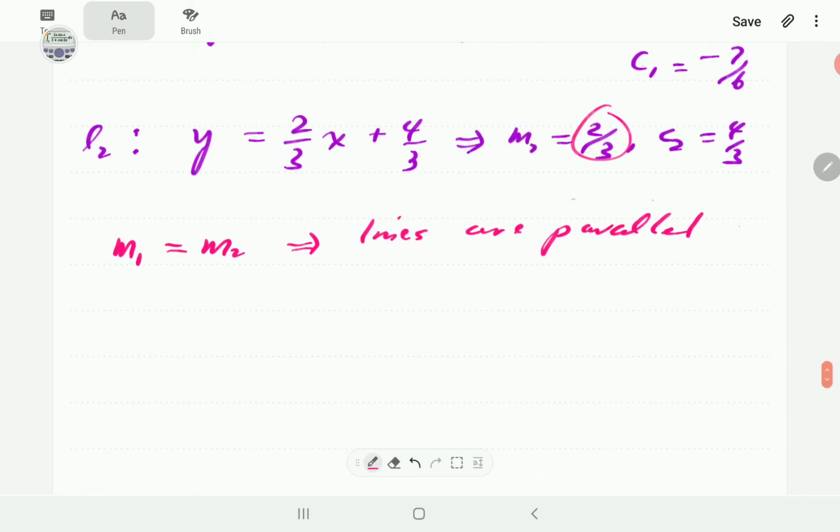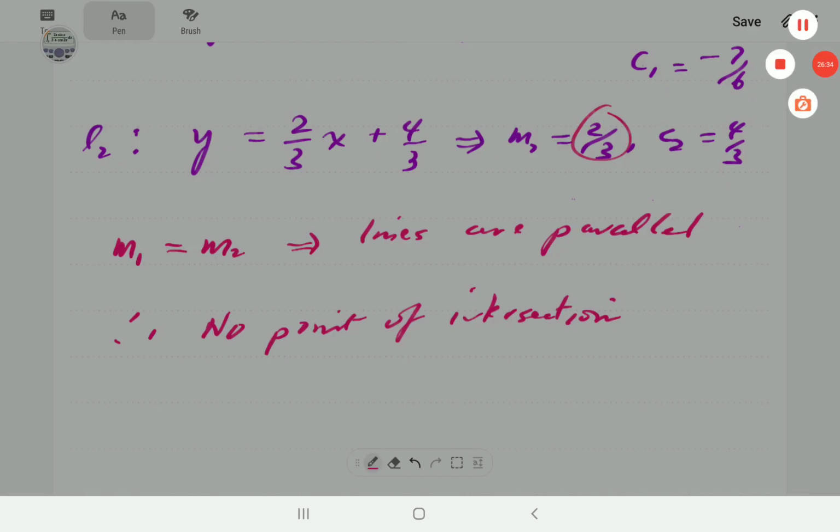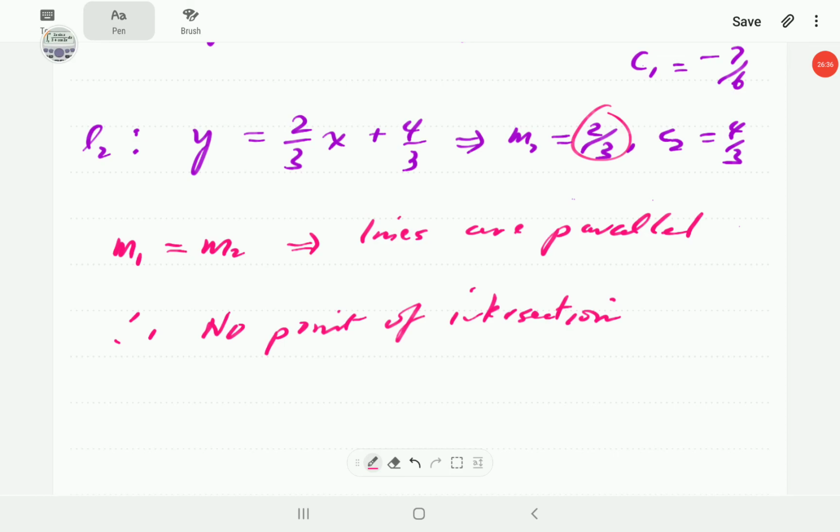If the lines are parallel, there is no point of intersection, and no angle of intersection as well, because there is no intersection. Okay, we're going to do just one more example.